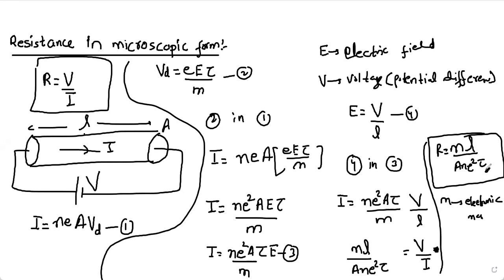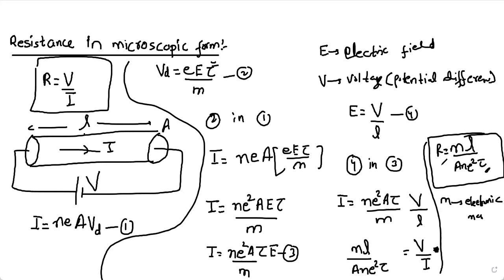We used relaxation time yesterday. This is the formula for drift velocity, and in drift velocity we use this relaxation time. Relaxation time was the time taken between two successive collisions of electrons and ions.